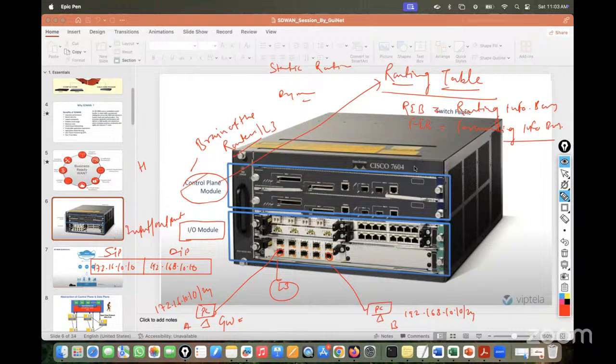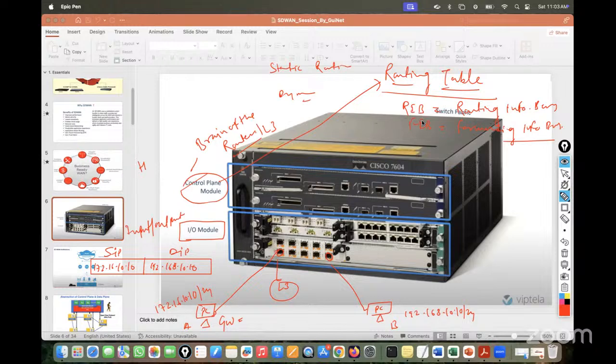RIB will take the decision based on the routing, which routing, static routing, dynamic routing, whichever is configured. And forwarding is on the RIB base. Basically, RIB maintains the routing tables.